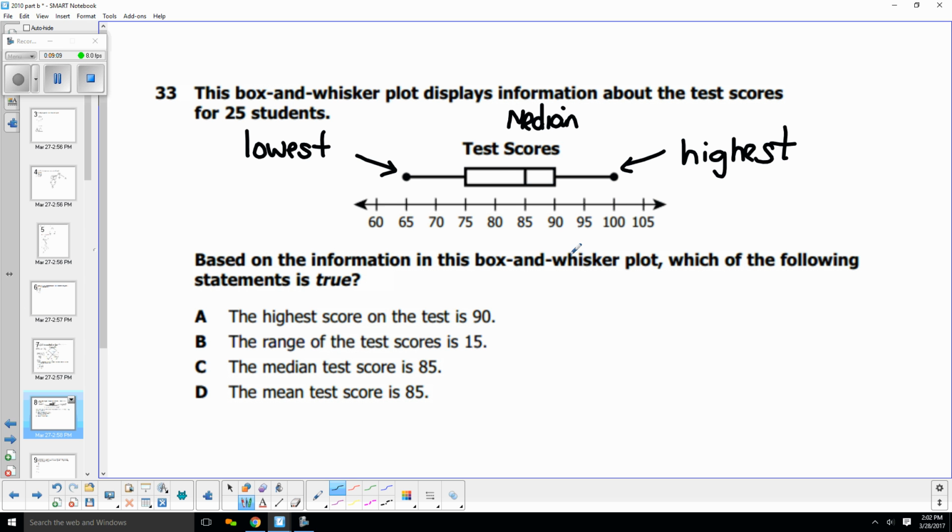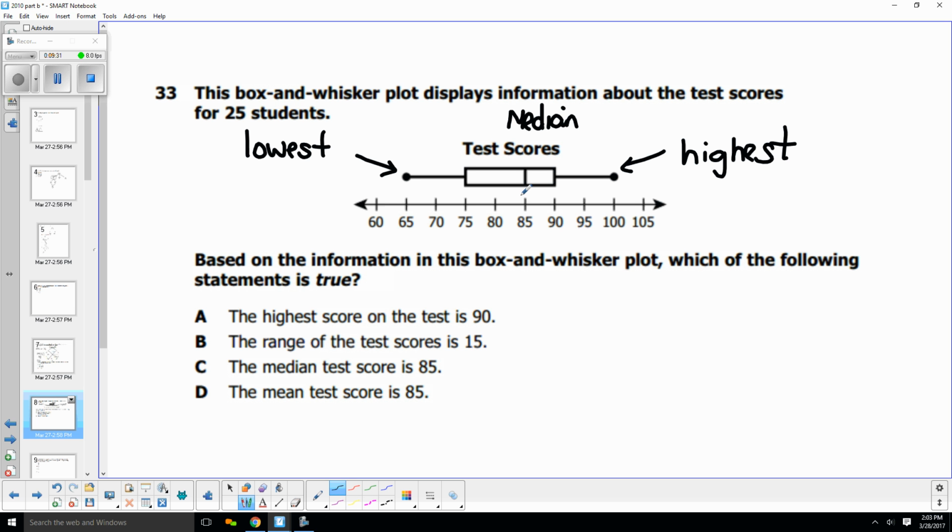Now, these two have different names, but what they've done is, after they've cut the data at the median, they took the lower half of the numbers and found the median of that lower half. And then they took the upper numbers and found the upper median.